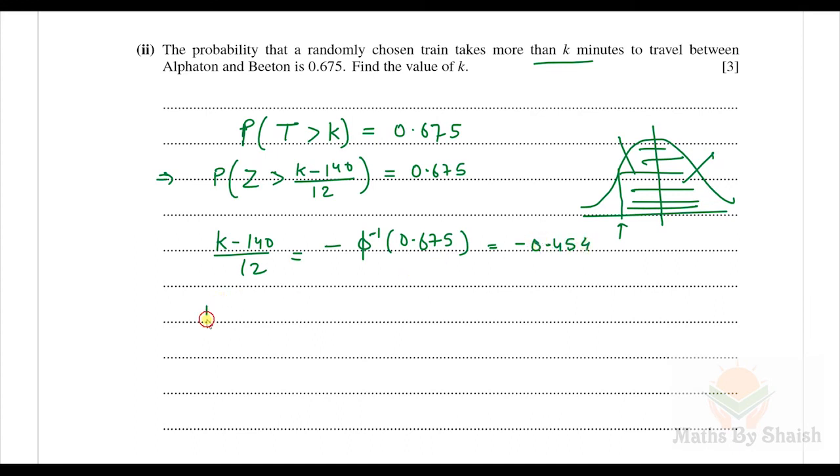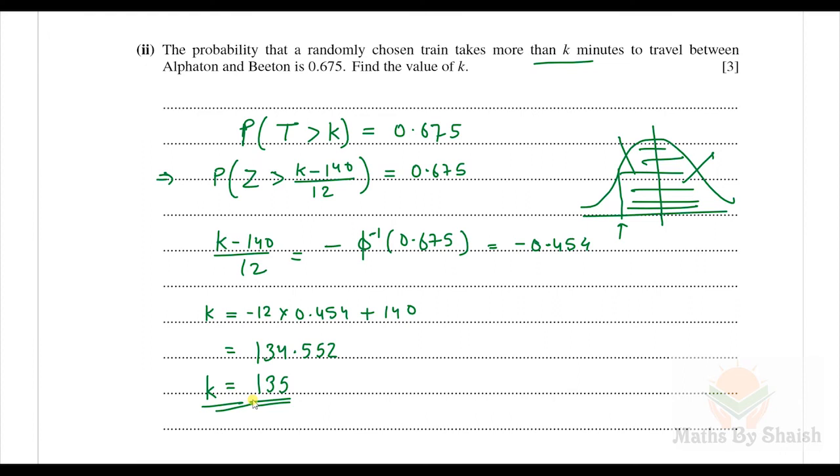Hence k is equal to 12 into minus 0.454 plus 140, and this value is going to be 134.552. So to 3 significant figures we can give the value of k as 135.